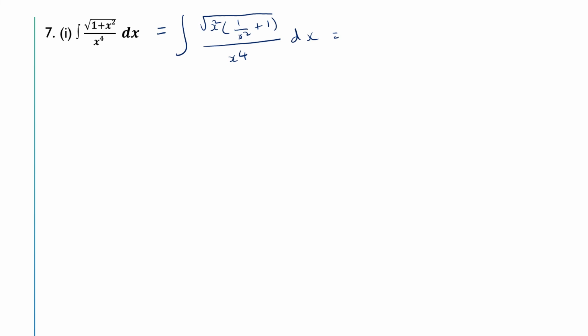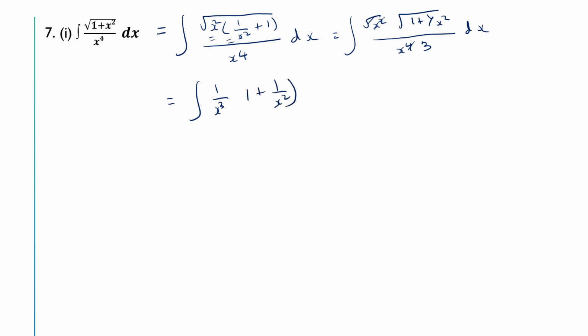Or it is equal to root of x square into root of 1 plus 1 by x square divided by x raised to 4 dx. So root of x square will be x, x by x raised to 4 will be 1 by x cube. So this is equal to integral 1 by x cube into 1 plus 1 by x square the whole raised to half dx. So let us take this as equal to I.